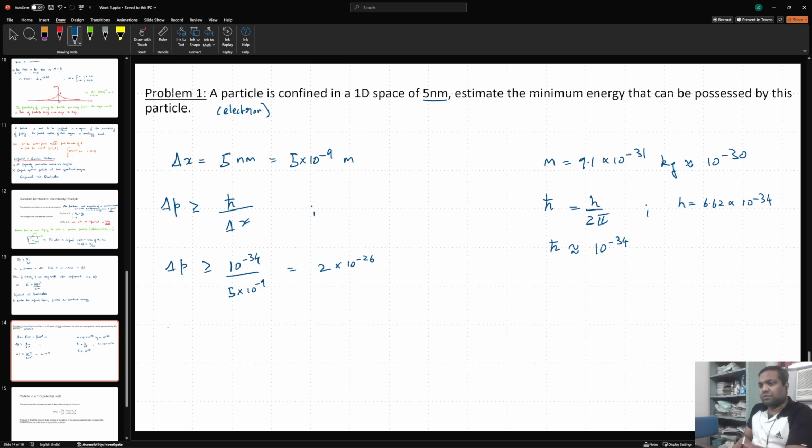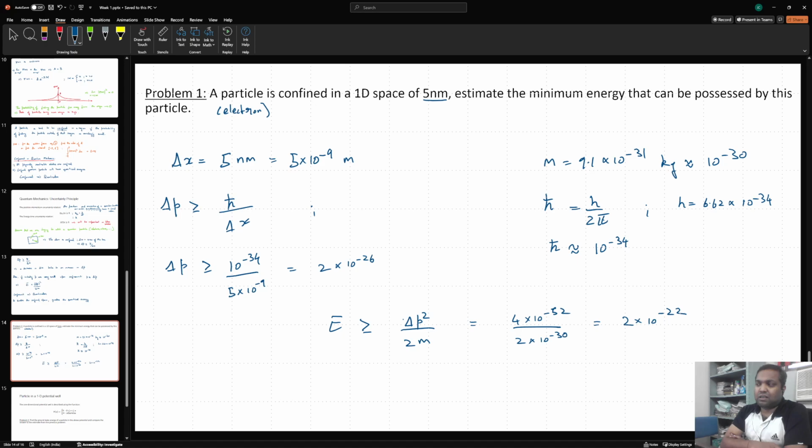Now this would further imply E min, or rather E is greater than or equal to delta p squared by 2m. So this is going to be 4 into 10 to the power minus 52 divided by 2 into 10 to the power minus 30, which comes out to be 2 into 10 to the power minus 22.